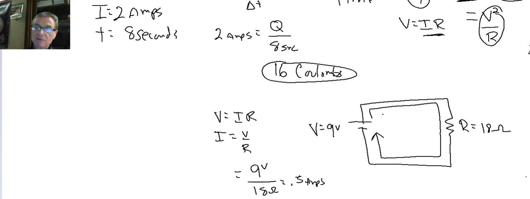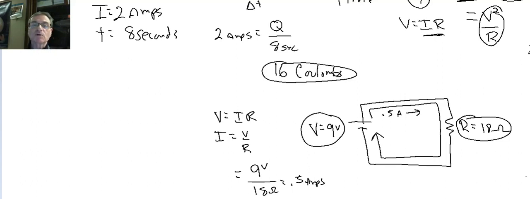So 0.5 amps would be flowing in my circuit. And this would be the total current for the circuit, because my battery voltage is my total voltage. I only have one resistor, so that's my total resistance, so my total current would be 0.5 amps.